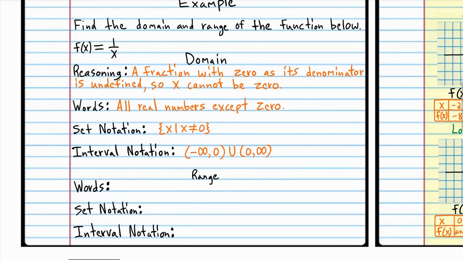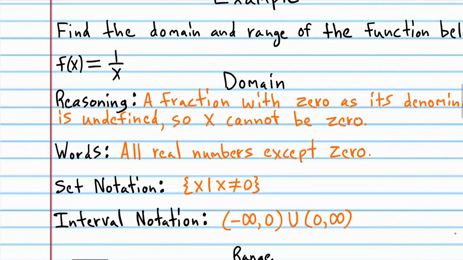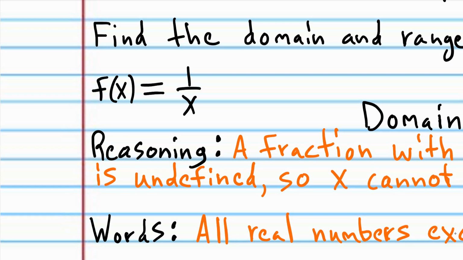But finding the range is not so easy. In the previous class, we found range using a graph, but we don't have the graph of this function. But notice that this function seems familiar.